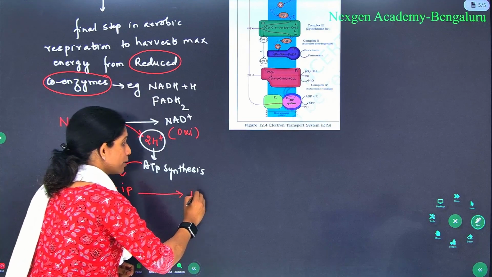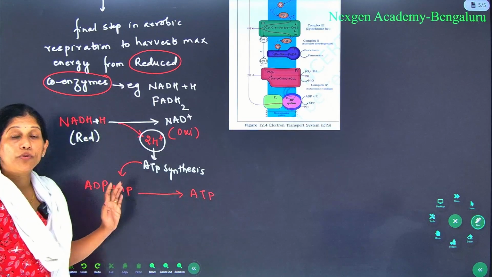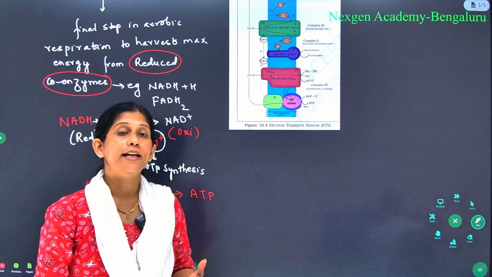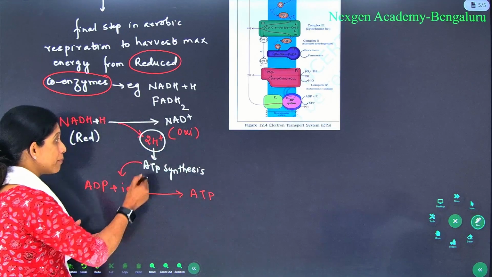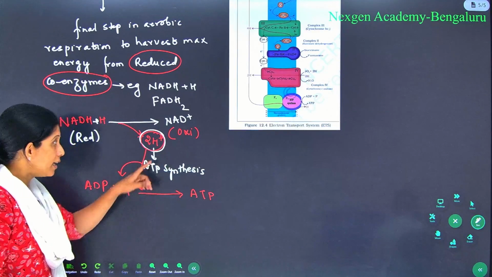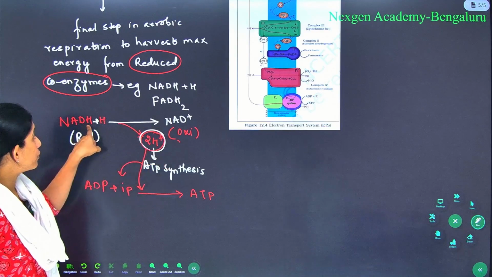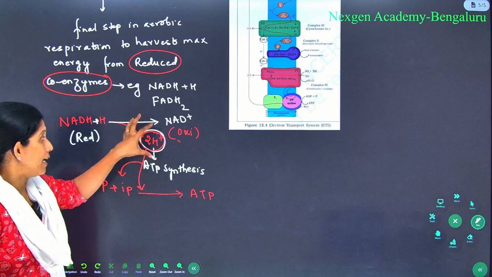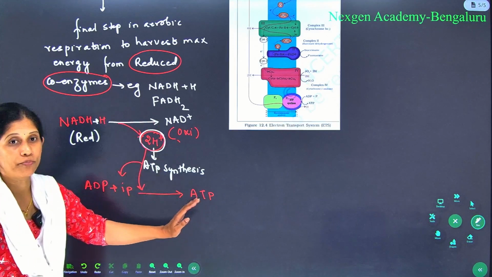Although we call ATP the energy currency of the cell, to produce ATP also energy is required, right? So where is that energy coming from? That energy is donated by these hydrogens. The hydrogen coming from the oxidation of this reduced coenzyme helps in the release of energy. That proton energy is used to convert ADP into ATP, right?